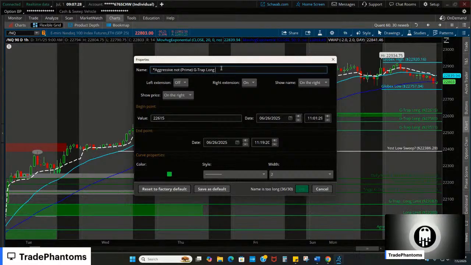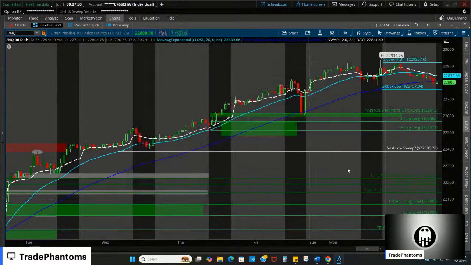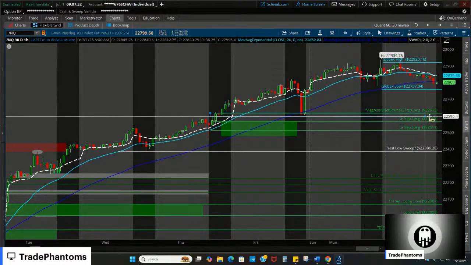Market's about to open up fairly soon. Okay, that's the 615 handle.